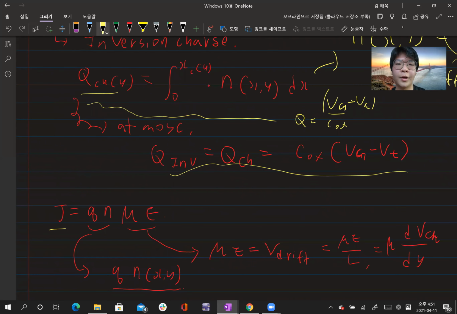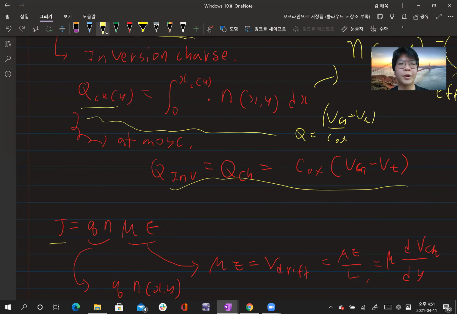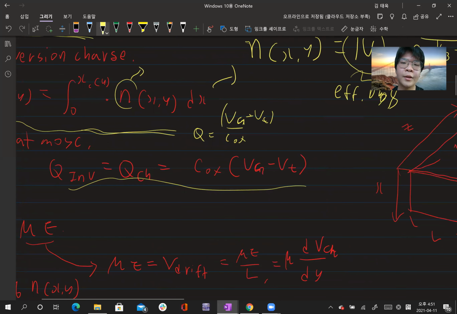The channel charge is defined as here: the electrons induced by the MOSFET, which we can see here.